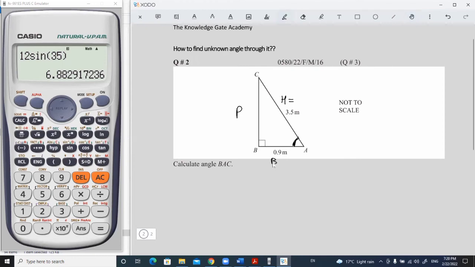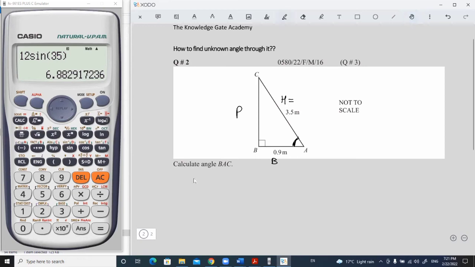So only base and hypotenuse are being discussed, and these two are given in this question. So which ratio do we apply? Some people have curly brown hair, so cos has base and hypotenuse.